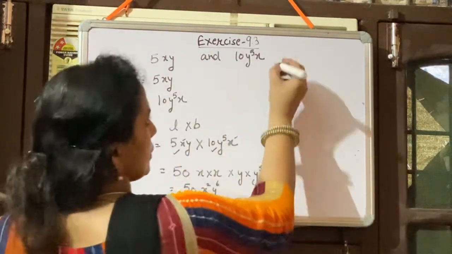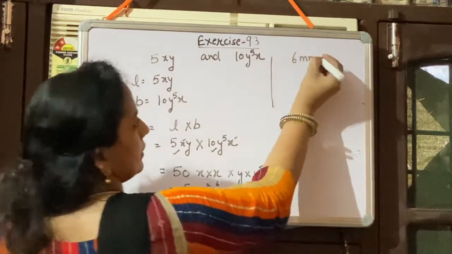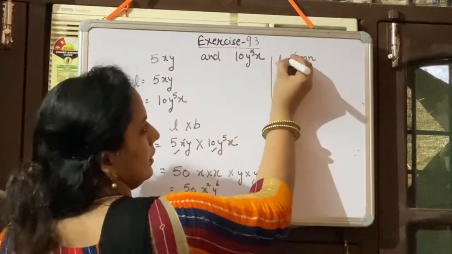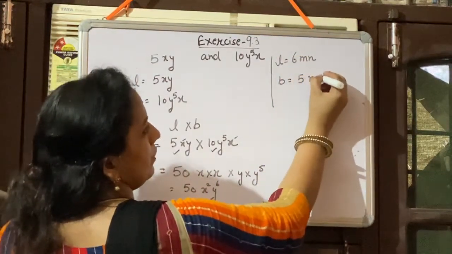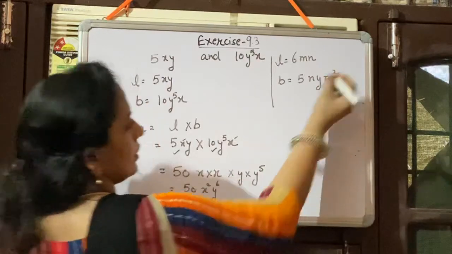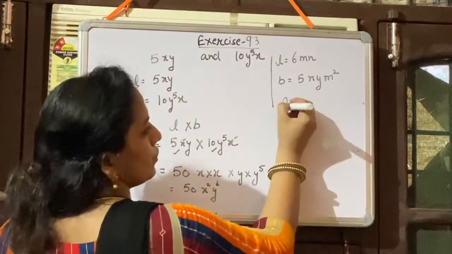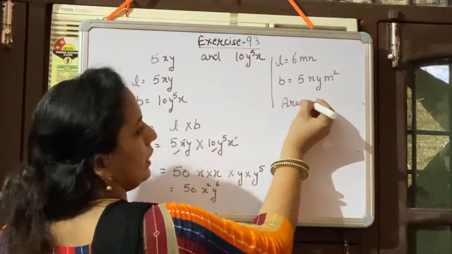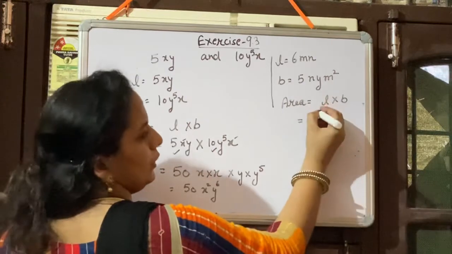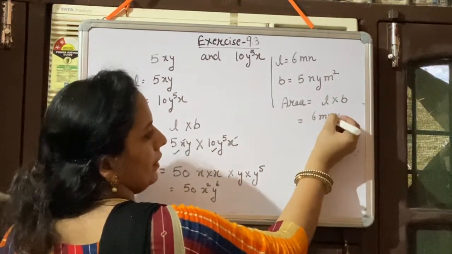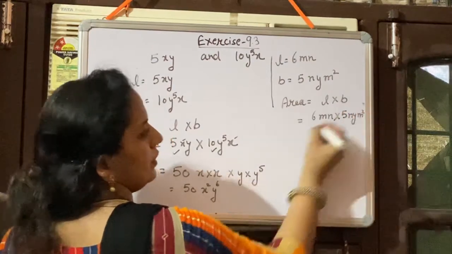Let's do one more question. 6mn is the length. 5ny m square is the breadth. Find out the area. What will we do? First of all, write the formula of area, which is length multiply breadth. Put the values: 6mn, breadth is 5ny m square.